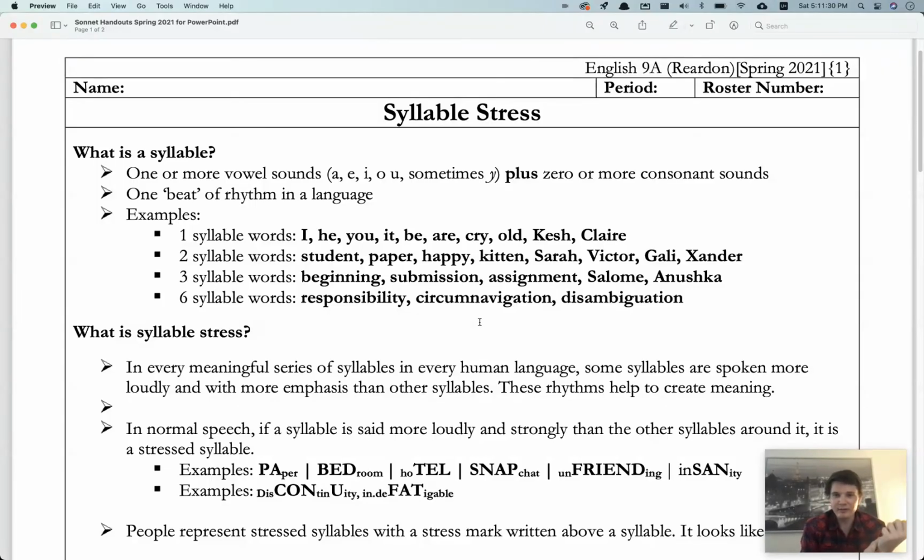If you look for the vowel sounds, you can find them too, right? Sa, lo, me, three vowel sounds. Anushka, three vowel sounds. Some words with even more syllables. Responsibility, six.